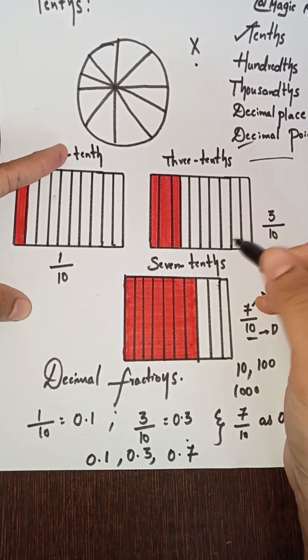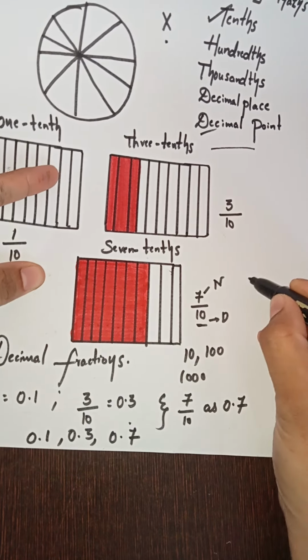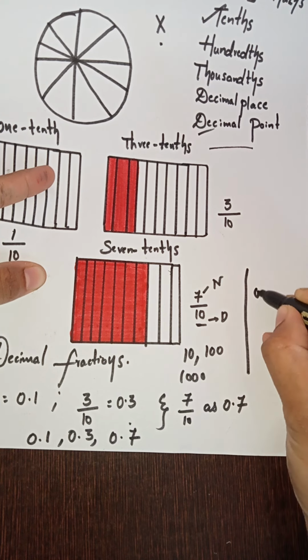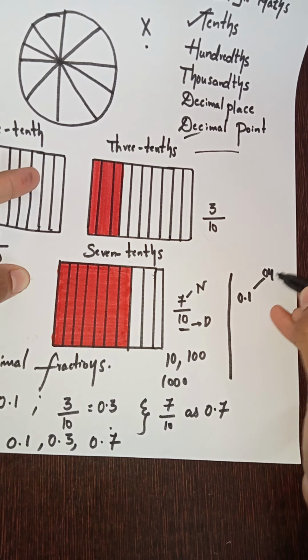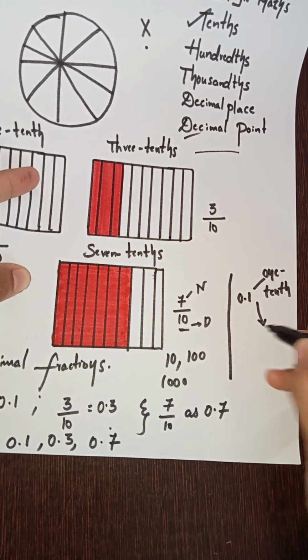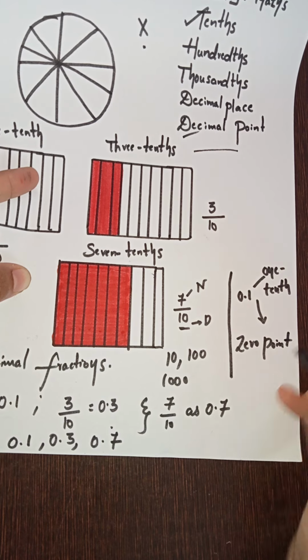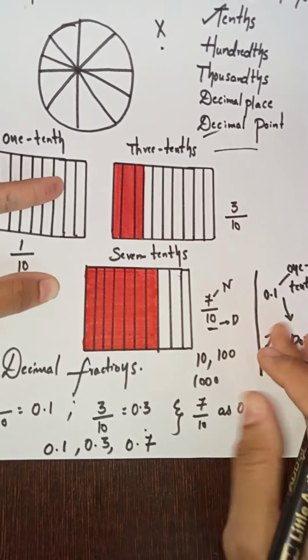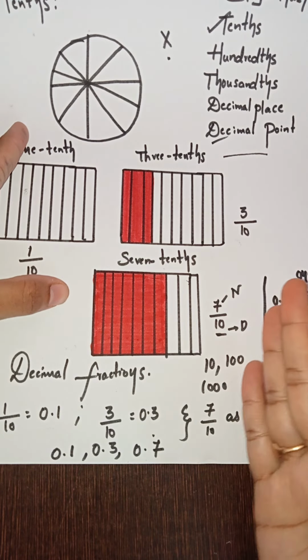And 0.1 can be read in two ways: we can say it as 1/10 and also as zero point one.